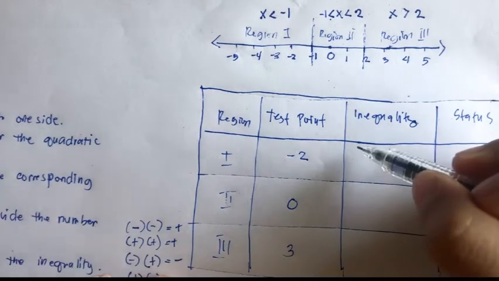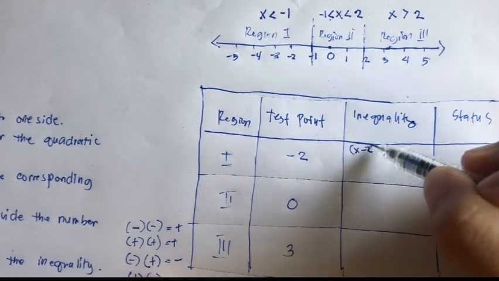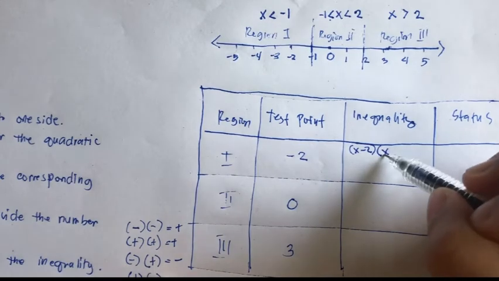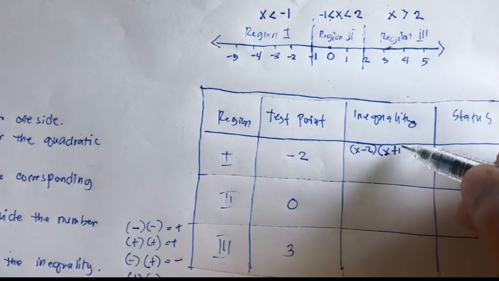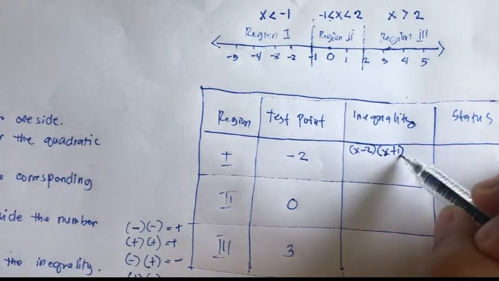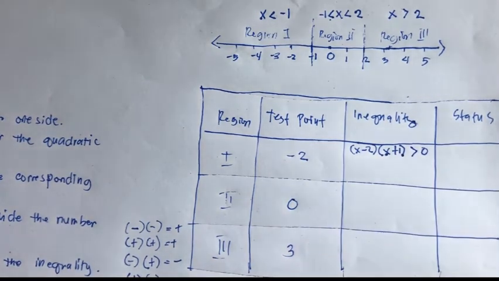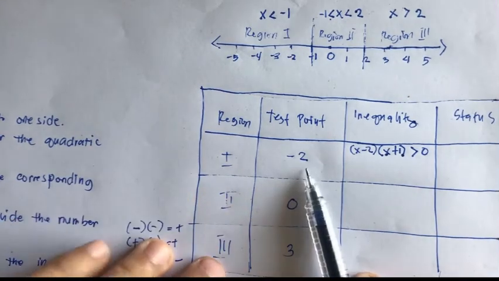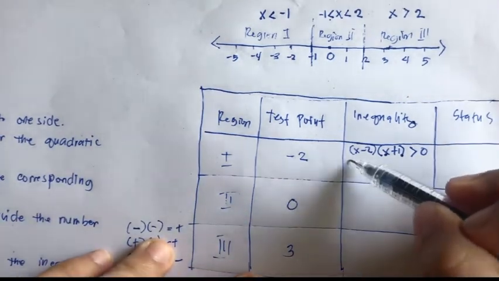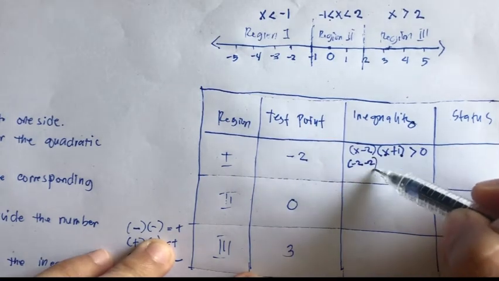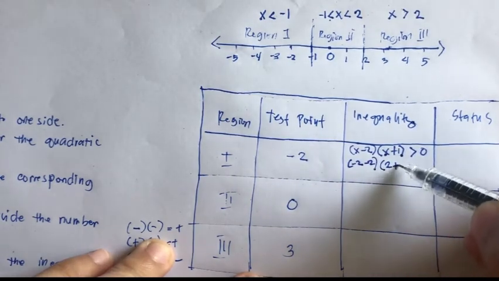We have x minus 2 and x plus 1 is greater than 0. Okay, so negative 2. Let's try substituting. So negative 2 minus 2, and negative 2 plus 1.